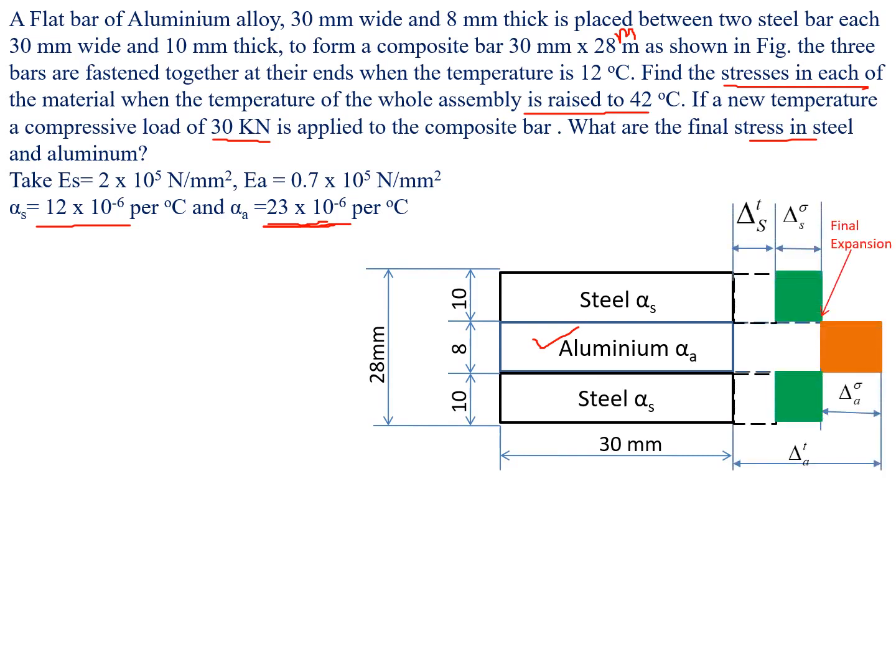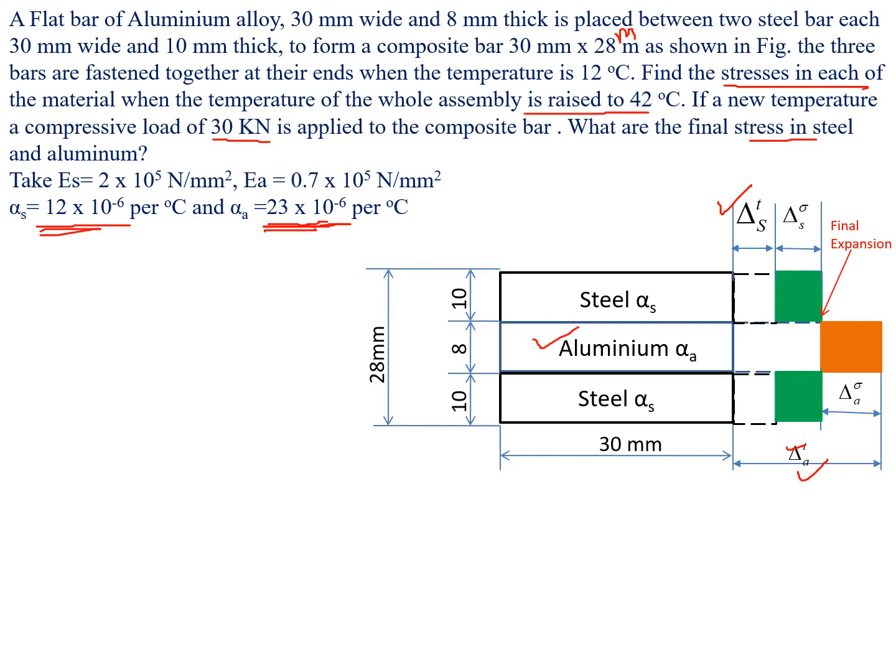Which means delta AT, the thermal expansion of the aluminum due to the temperature change, is greater than delta ST, the thermal expansion of the steel due to the temperature change, because alpha A is greater than alpha S.